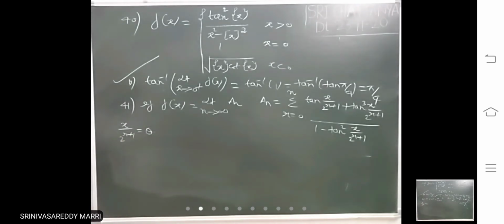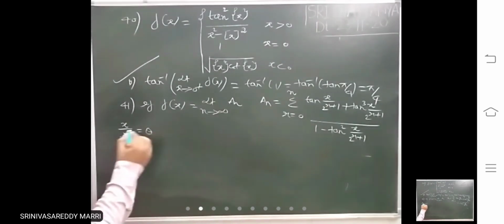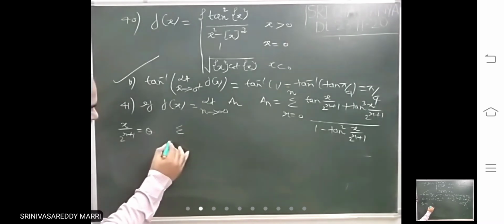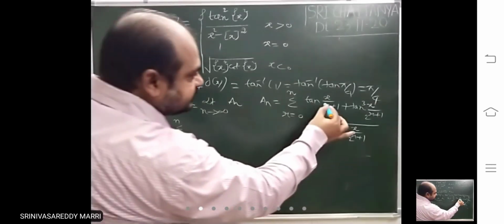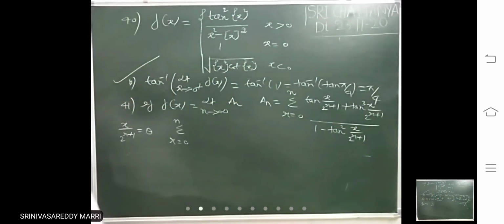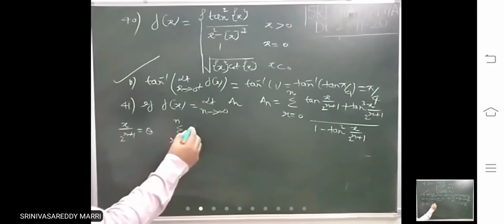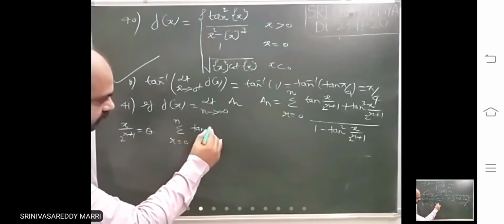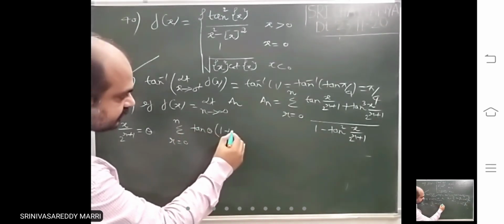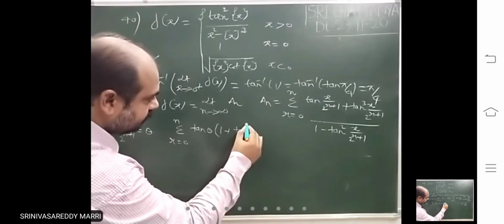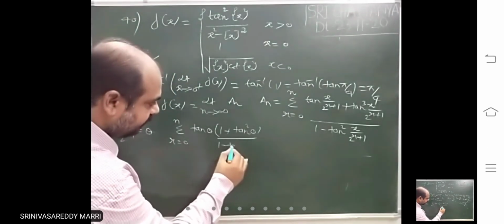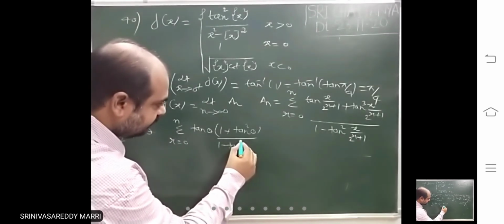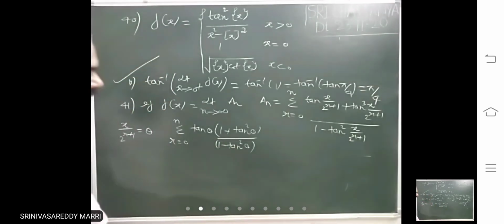After final simplification, I will write in terms of theta. Sigma r equals 0 to n, this is tan theta plus tan cube theta divided by 1 minus tan square theta. So tan theta is common, divided by 1 minus tan square theta.